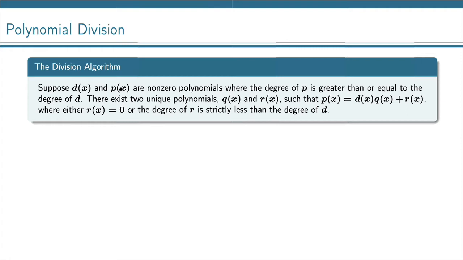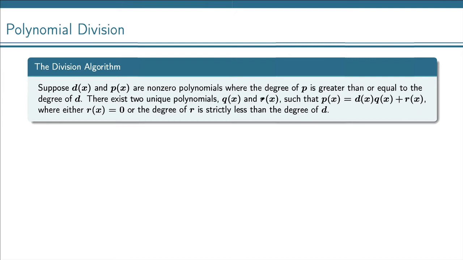Suppose d of x and p of x are non-zero polynomials where the degree of p is greater than or equal to the degree of d. We're just setting it up here, so don't worry about all the details, but we've got two polynomials. And what we want to do is divide p by d. And that's what this says. It says that there do exist these two unique polynomials, q of x and r of x.